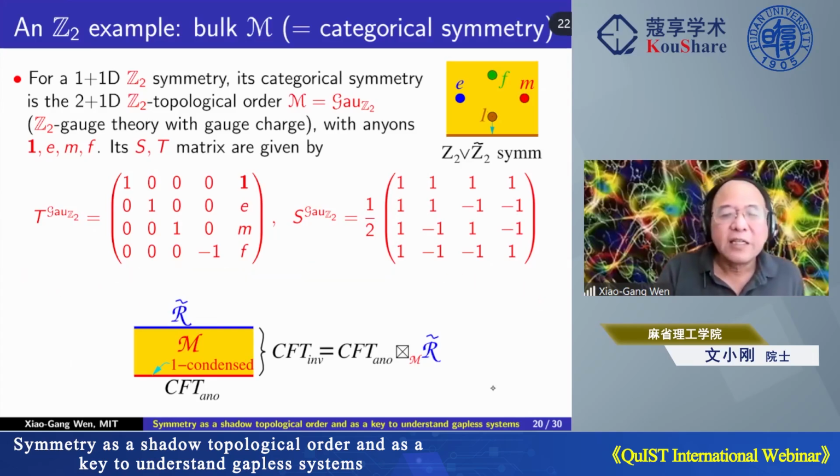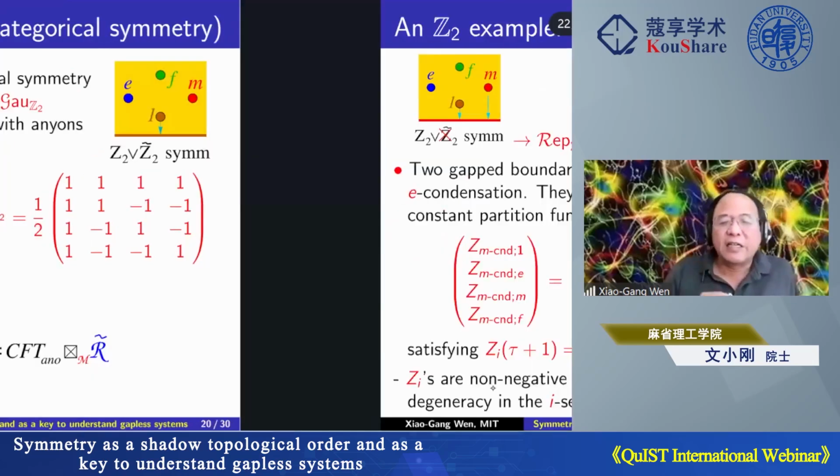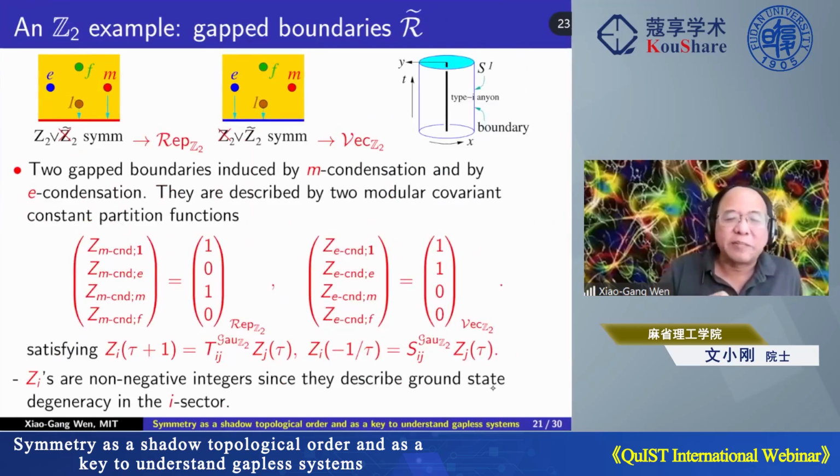And then the one of a gapped boundary. To obtain a gapped boundary is the following. We just want to find a constant. So maybe I don't need to have this tau dependence. You can ignore the tau dependence. For the gapped boundary, we don't have a tau dependence.